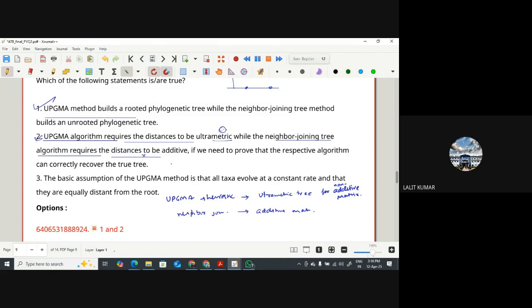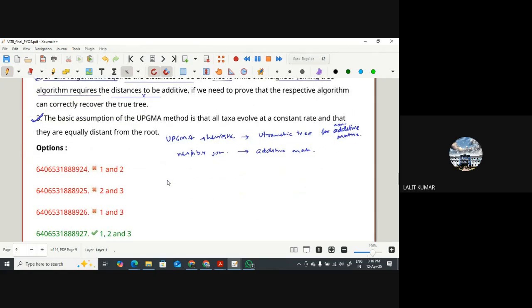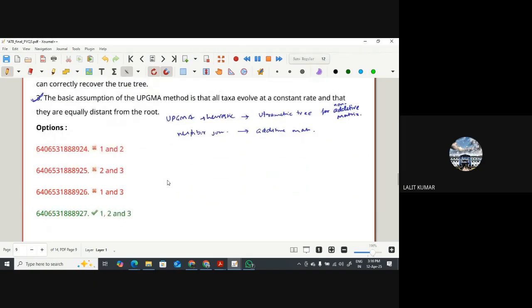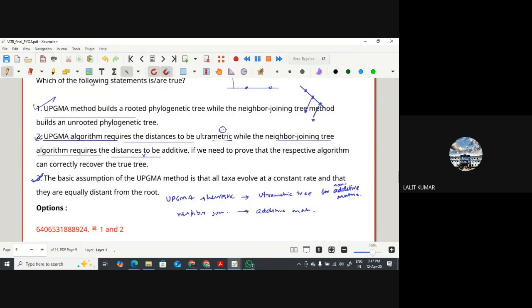The basic assumption of the UPGMA method is that all taxa evolve at a constant rate and that they are equally distanced from the root. Okay, so this is true, because when we build the UPGMA tree, we consider that all of them are happening at a constant rate. So let's see the answer. They have written that all 1, 2, and 3 are correct. So where have we gone wrong?